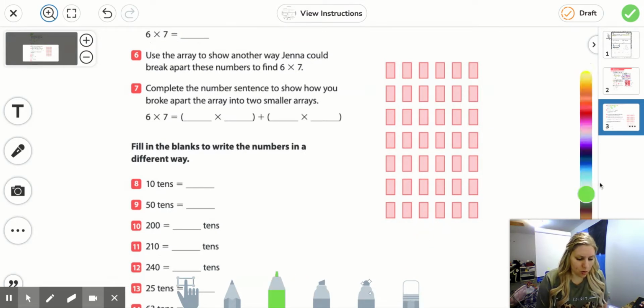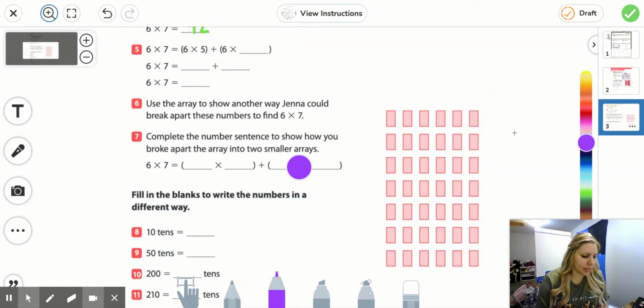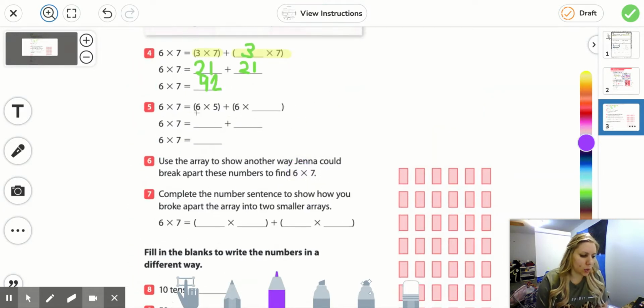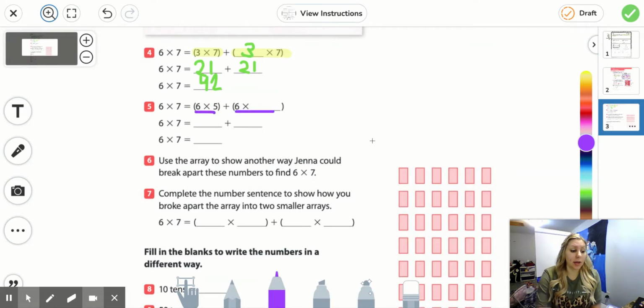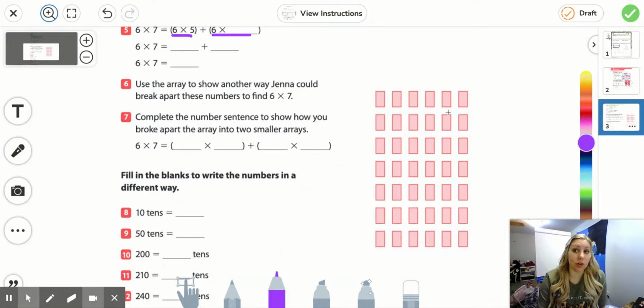So now it's asking, okay, well, what if we break it to be 6 times 5 and 6 times another number? So now they're saying, well, now there's 6 in each of these rows. 1, 2, 3, 4, 5, 6. And they want 5 rows. 1, 2, 3, 4, 5.